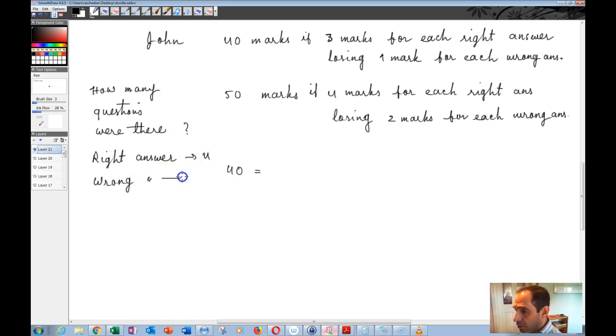We can give this x and this y. Of course, the wrong answers you're supposed to deduct in your formula. So 40 marks: 3 times x for the right answers, and for each wrong answer you lose 1 mark, so minus 1 times y, or simply minus y.